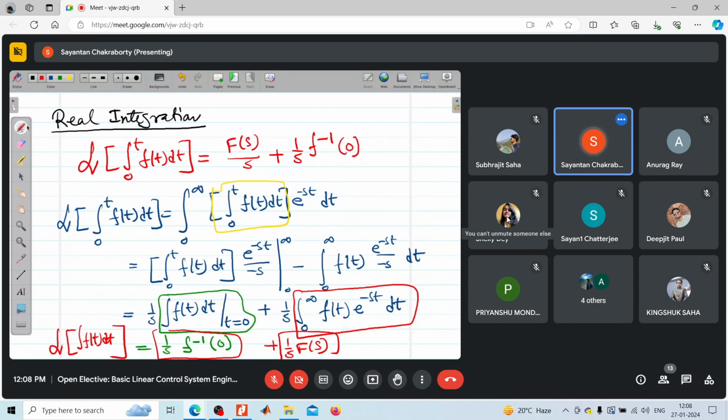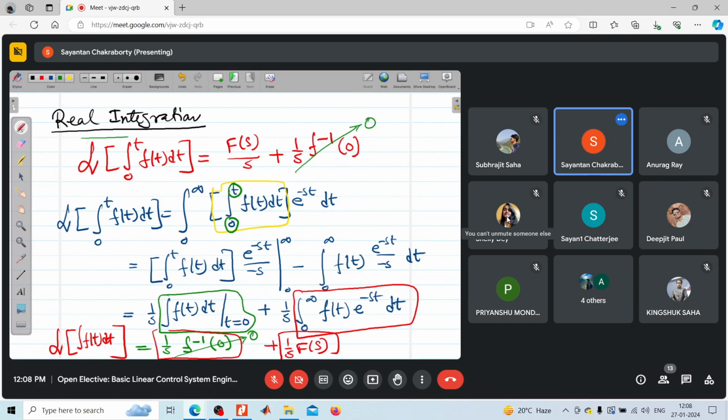So if the initial value of the integration is 0, then it will be like this only. And for the case that we have considered here, between the time 0 and t, because it's a definite integral, and if this f(t) is of exponential order, then this Laplace transform of this definite integral will always have this initial value equal to 0.